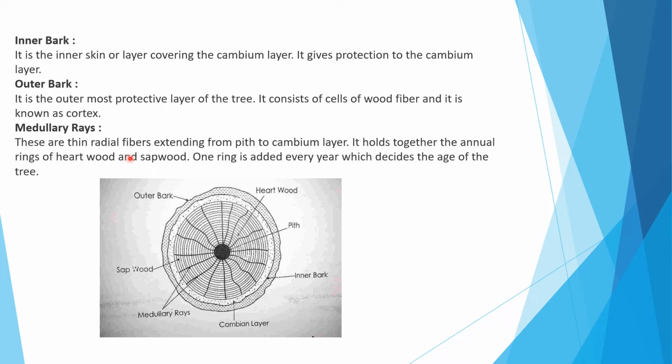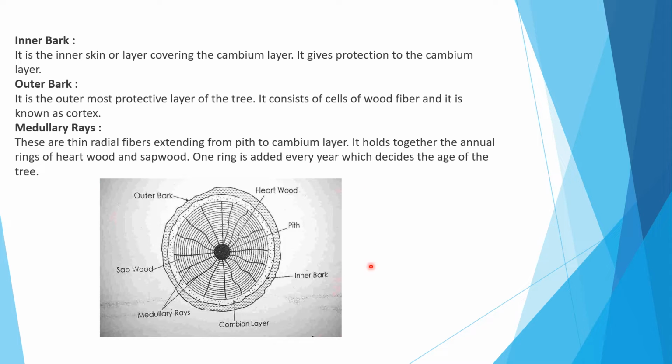These are thin radial fibers extending from pith to cambium layer. They hold together the annual rings of heartwood and sapwood. One ring is added every year, which decides the age of the tree.